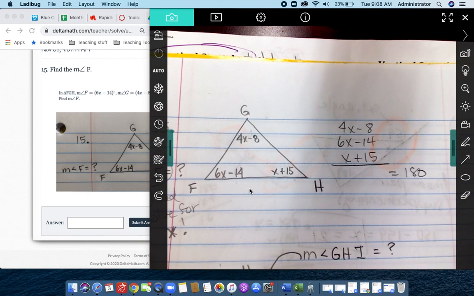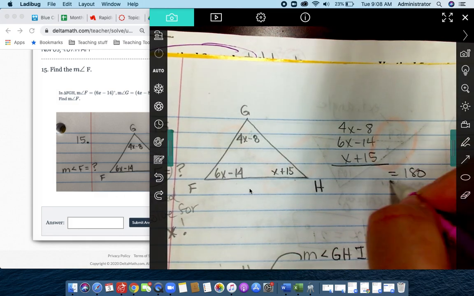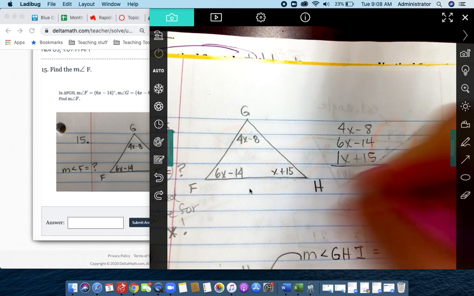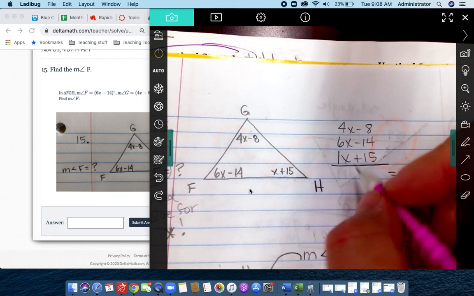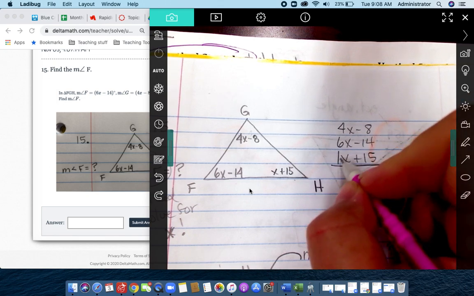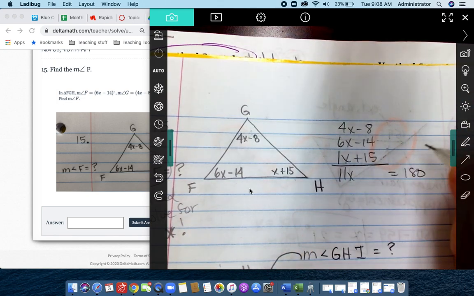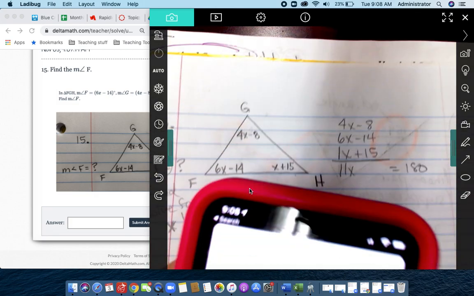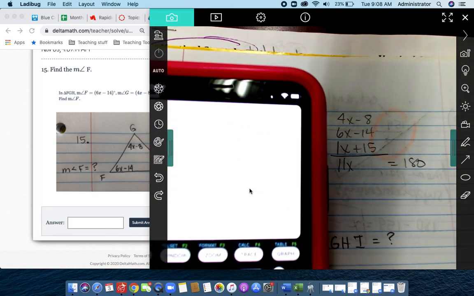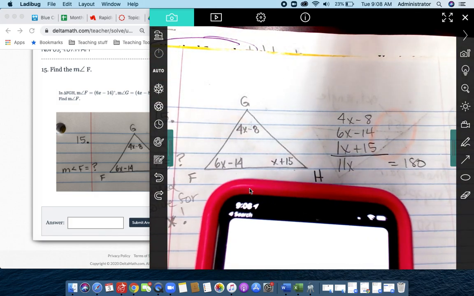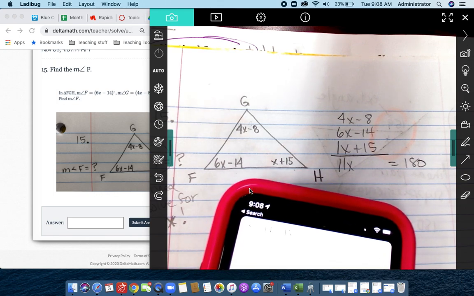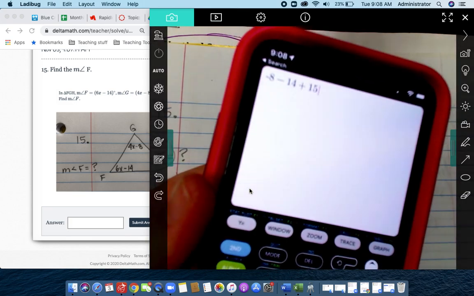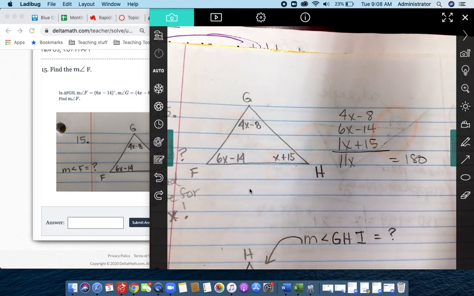So I'm going to say 4x minus 8 plus 6x minus 14 plus x plus 15 is equal to 180. Put an understood 1 there. And that would give us 4 plus 6 is 10 plus 1 is 11x. Then just use your calculator. Negative 8 minus 14 plus 15 is negative 7.